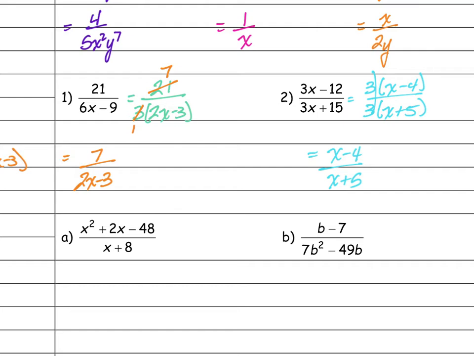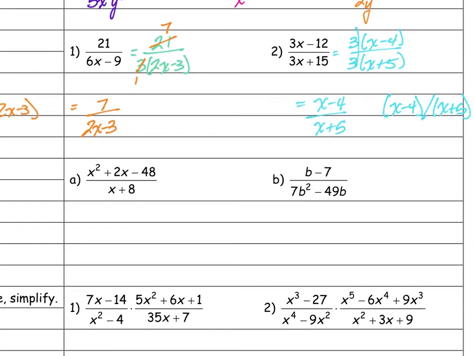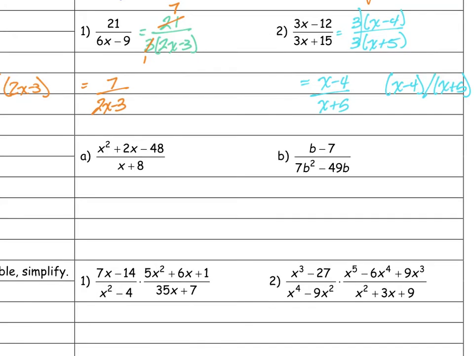And when you're typing that in the chat, they should both be in parentheses. So this should be into the chat as you're putting it into a box. It should be x minus 4 divided by parenthesis x plus 5. Okay, so make sure you're putting your quantities inside of parentheses.